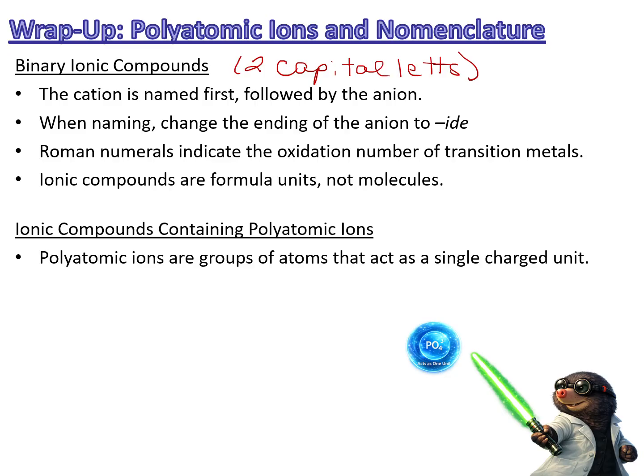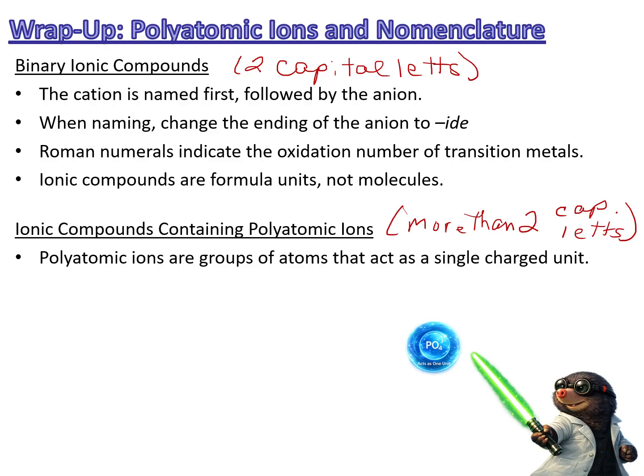All right, so now we have naming rules or formula writing rules for ionic compounds containing polyatomic ions. So this is where you have more than 2 capital letters. So polyatomic ions are groups of atoms that are all bonded together covalently, and they act as a single charged unit.